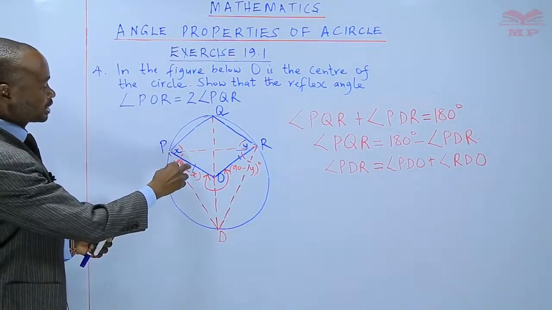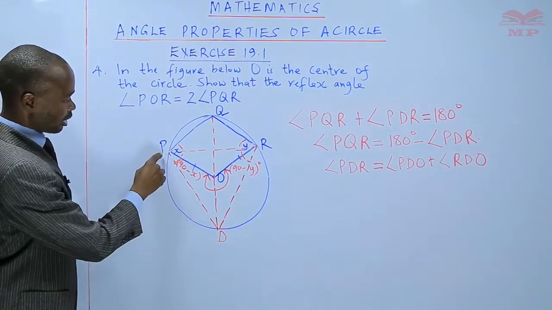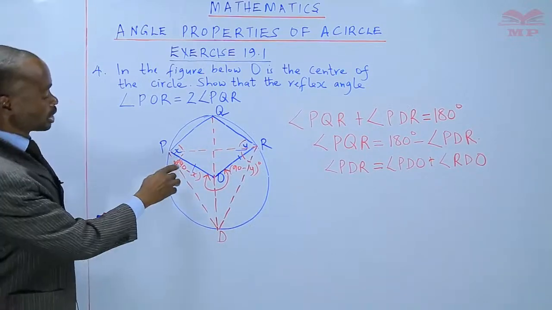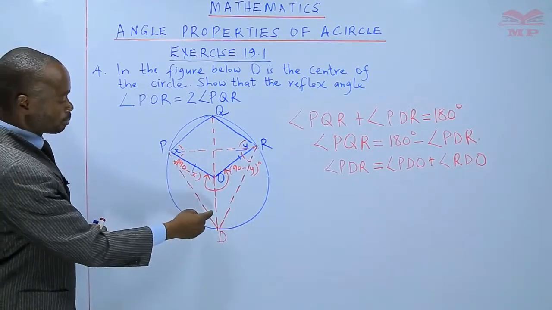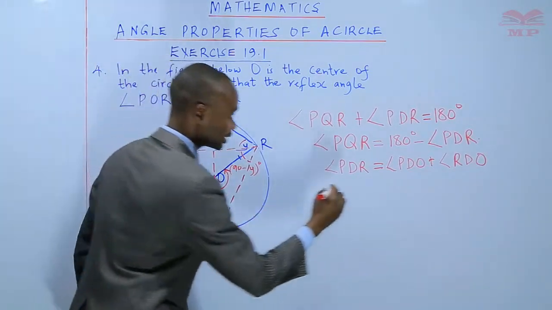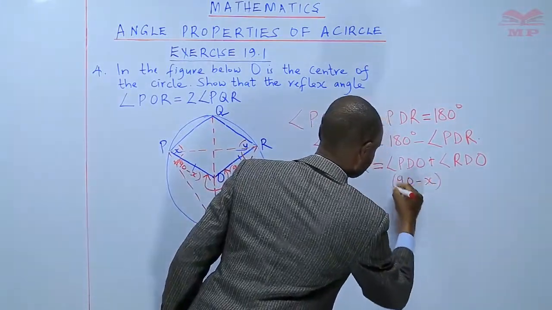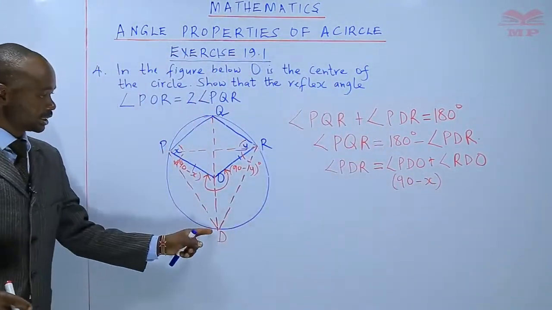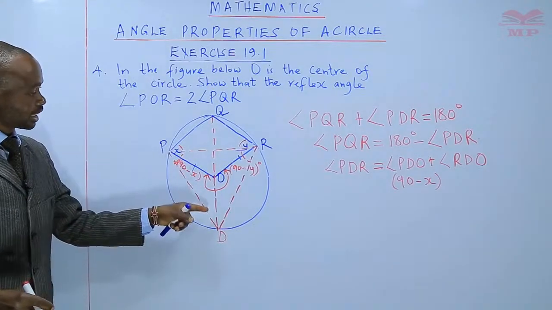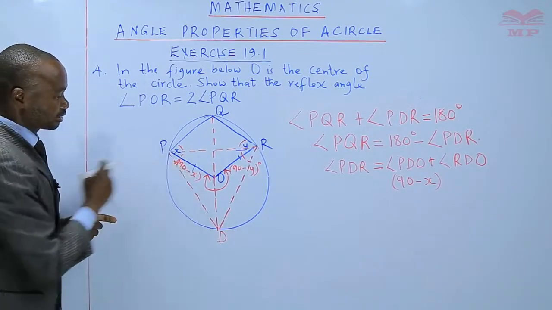If this one is 90 minus x, the other pair, angle PDO, will also be equal to 90 minus x, because you have the other pair and they are always equal.